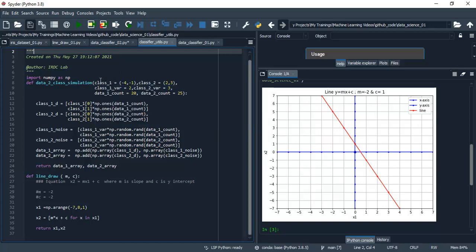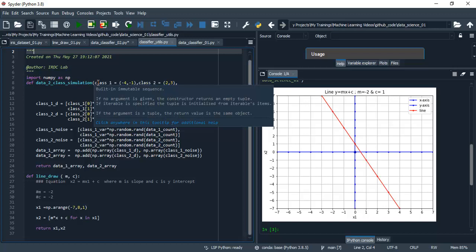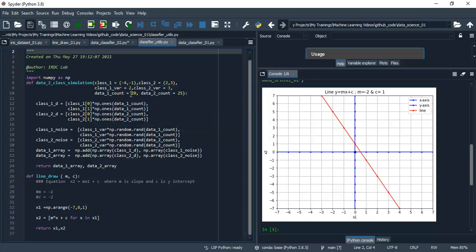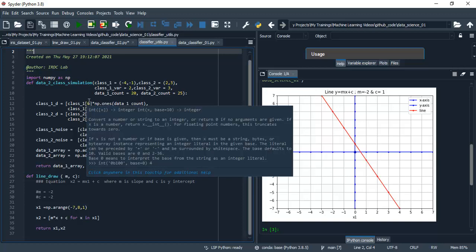For example, here class underscore 1 is equal to -4 comma -1. Now suppose I call this function from somewhere else and write nothing about class 1. Still it will work, and it will take the class underscore 1 value as this while executing this function.